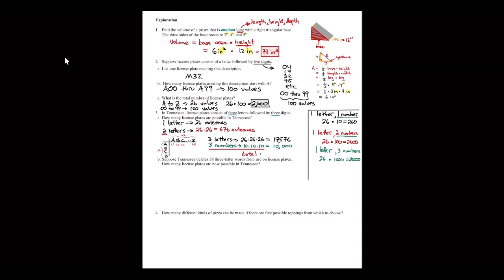There's going to be that 17,576 with 4 zeros at the end. So 175,760,000 different possible license plates that you could have. That's extraordinary.